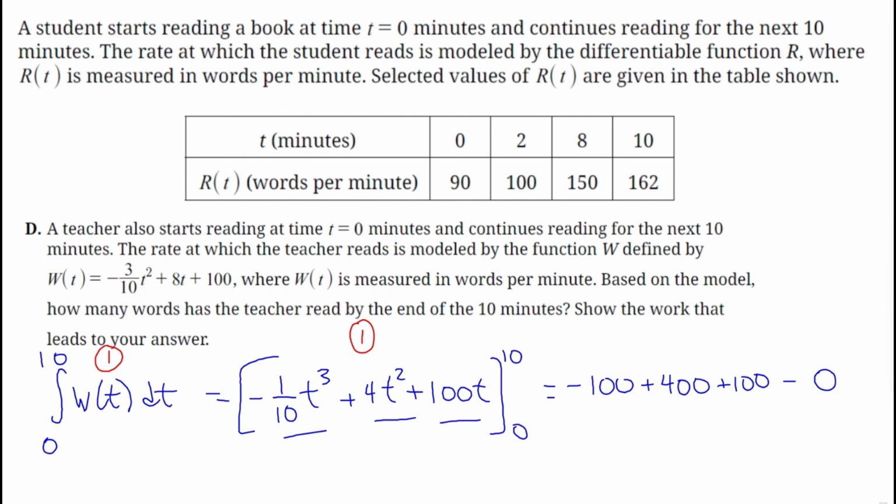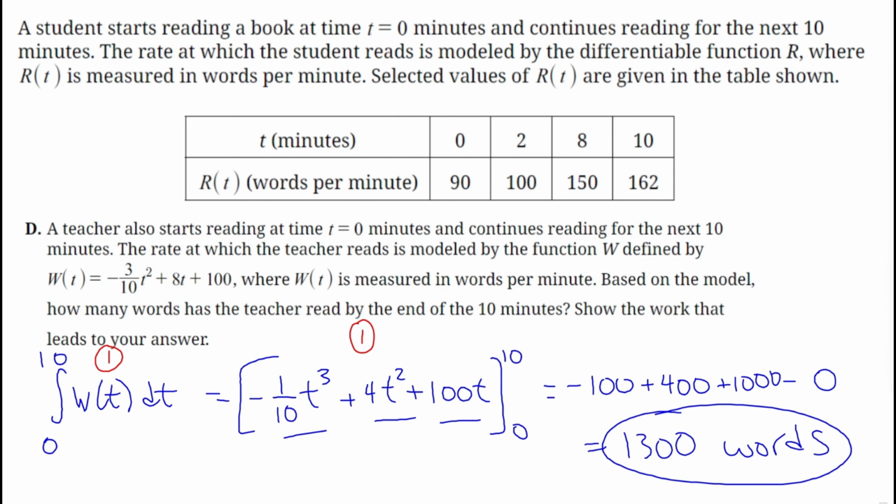I said 1,000 there, but I didn't write that last 0. So we got 1,000 there. And so we have -100 plus 400 is 300 plus another 1,000 is 1,300 words. And so that's how many words that teacher has read at the end of the 10 minutes.